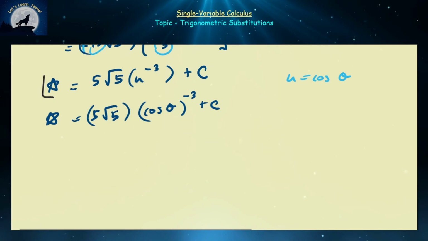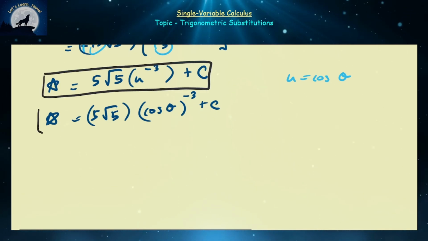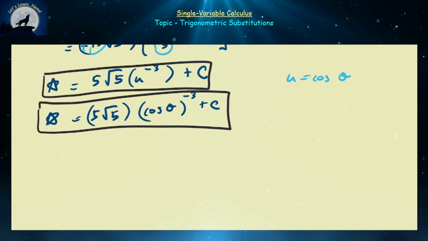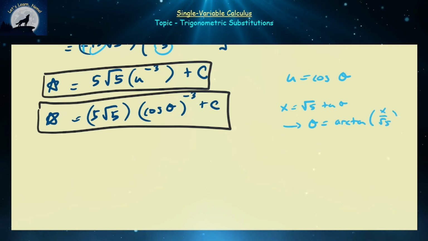Right, so this is in terms of u. This is in terms of theta, and now we just have to reverse engineer one more substitution. So remember that x was equal to the square root of 5 tangent of theta, which means that theta will be equal to the arc tangent of x divided by the square root of 5.